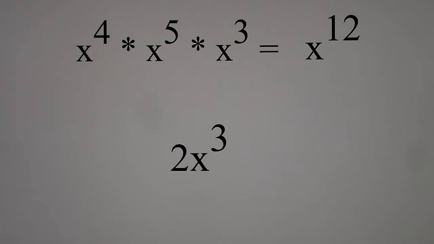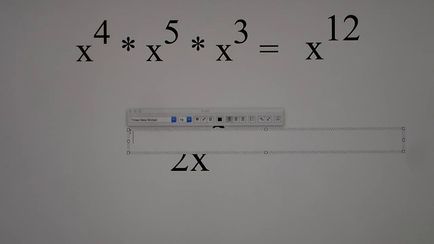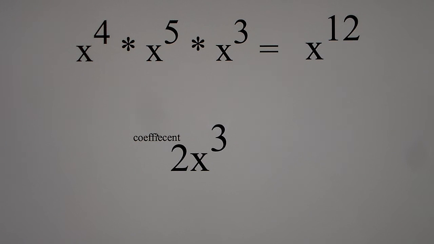As far as our vocab, the sign and the number in front of the x is called the coefficient. So that's the coefficient. That's in front. The variable is called the base.